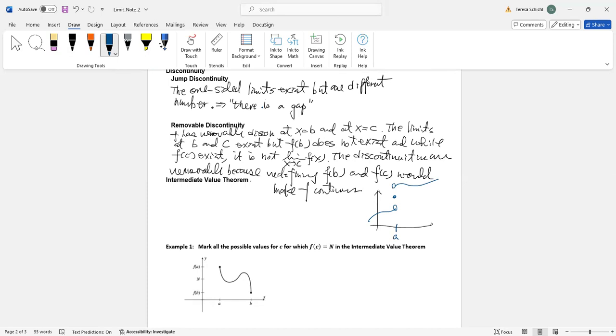All right, so that's why this will be a gap discontinuity here.